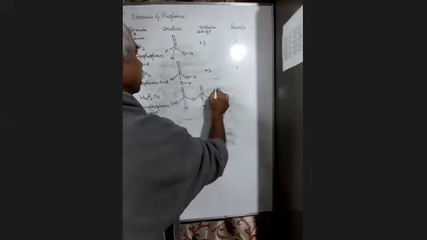What is this oxidation state? The oxidation state is +3. Same, no? And how many hydrogen or OH groups does it have? 1, 2. It is 2. H4P2O6 is called hypophosphonic acid.